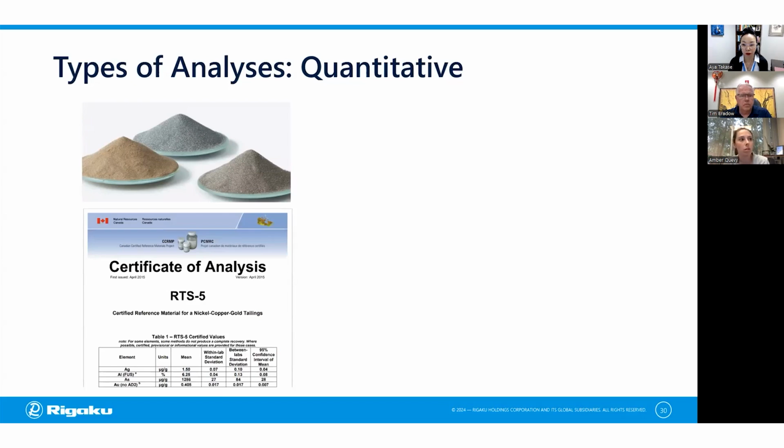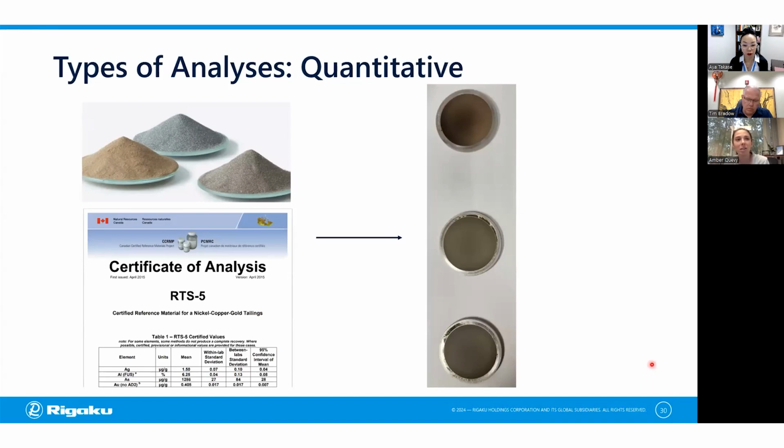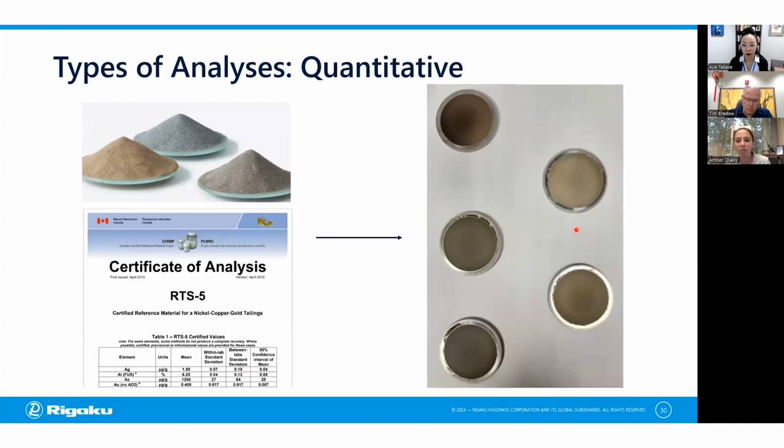Those can be used in place of a certified material. So you'd prepare your standards, and the goal is that the standards are going to be in the same matrix as your unknown materials. So these are all going to be prepared the same way. These are all going to be made of the same material.